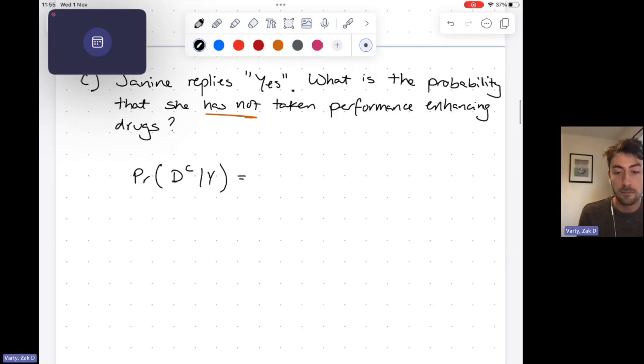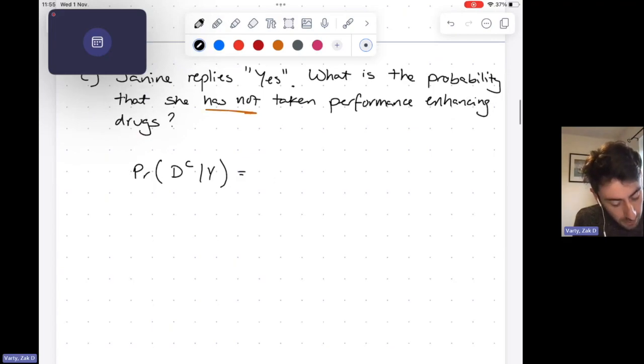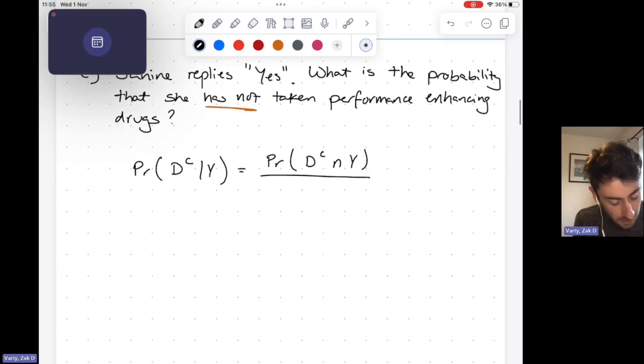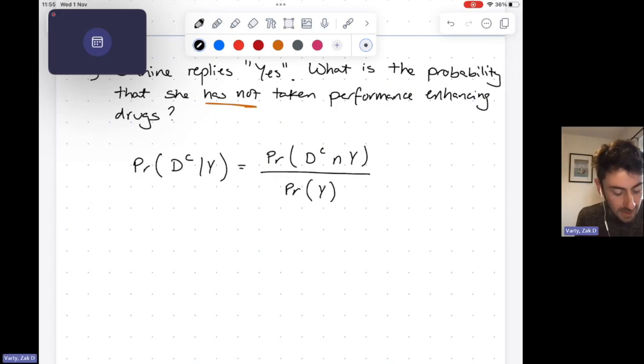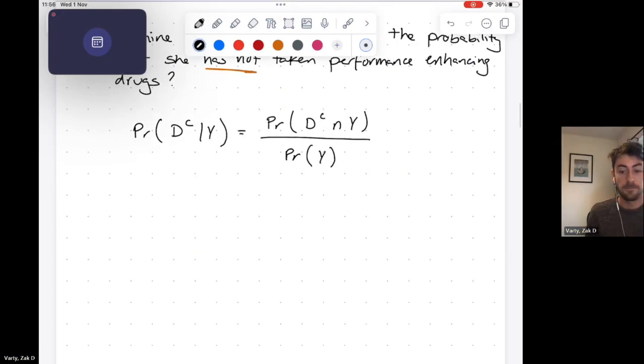So by Bayes' theorem, that is going to be the probability that they don't take drugs and they respond yes, divided by the probability that they say yes. Equivalently, this is just the definition of a conditional probability in terms of the joint and marginal distributions.